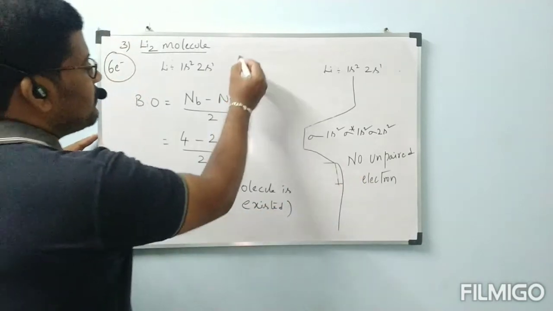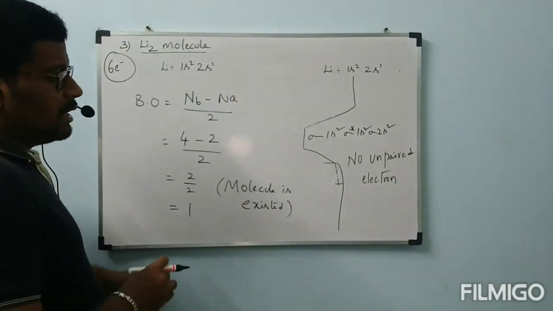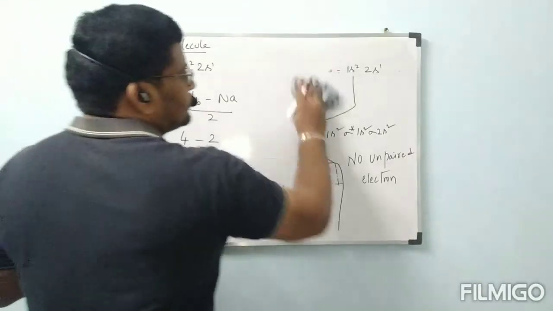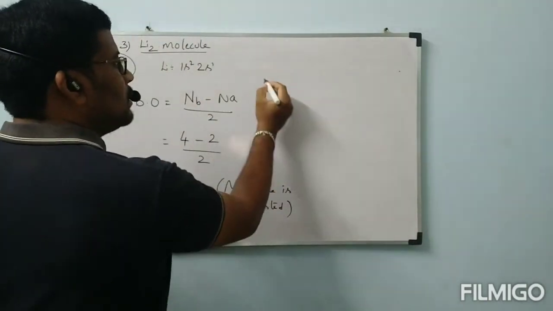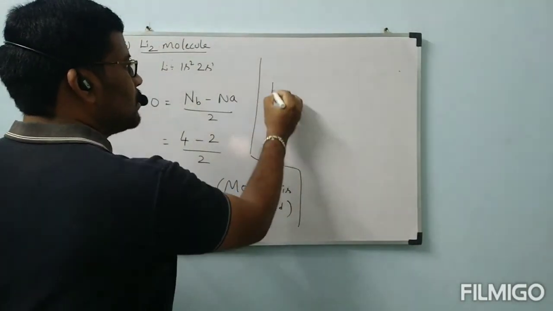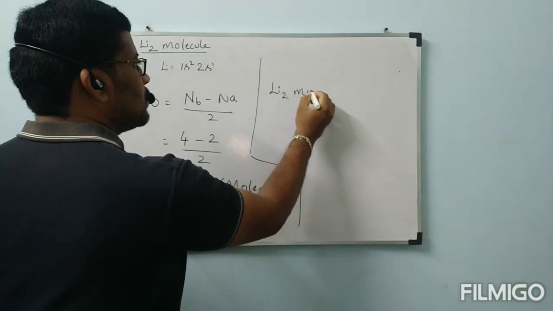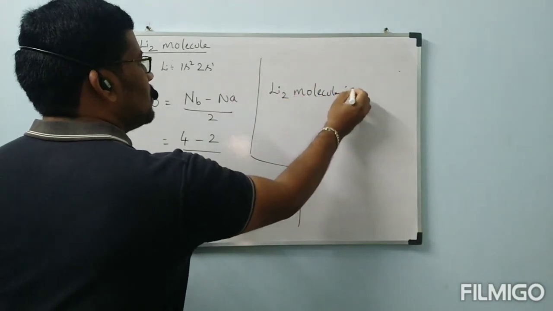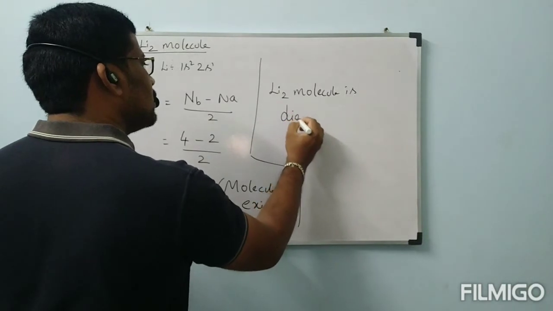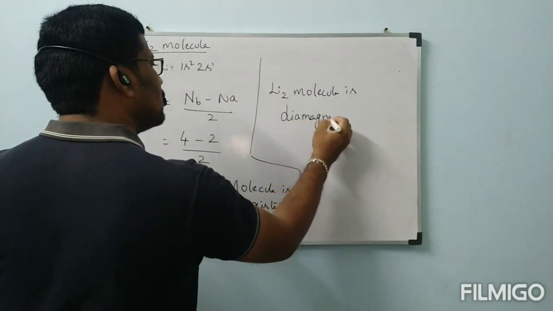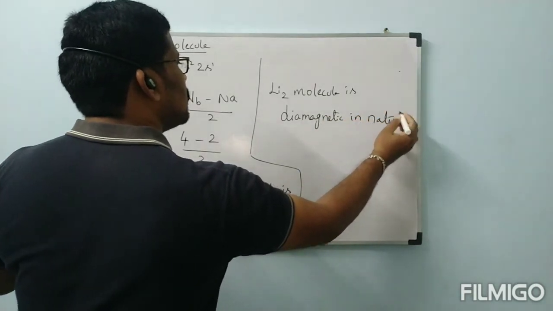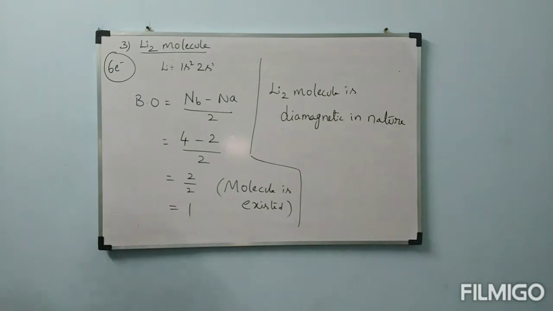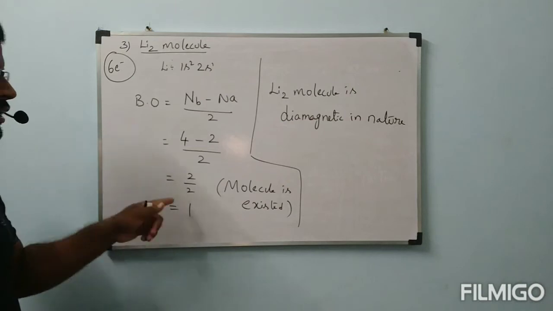So the Li2 molecule is diamagnetic in nature. The molecule exists because we got bond order greater than 0. We got bond order 1.